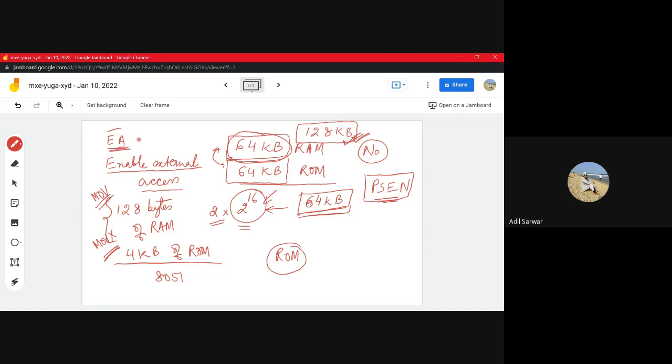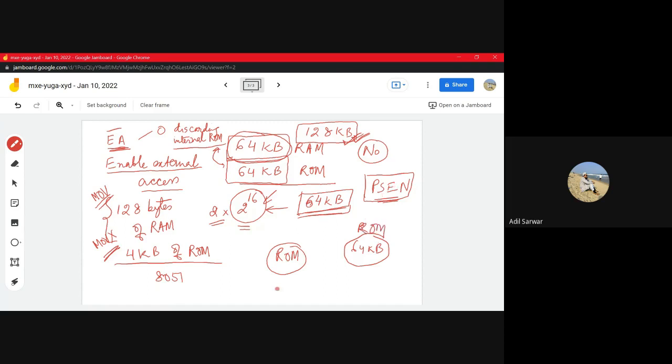If it is 0, that means we are discarding the internal ROM, and we are using only the external ROM, 64 kb external ROM.